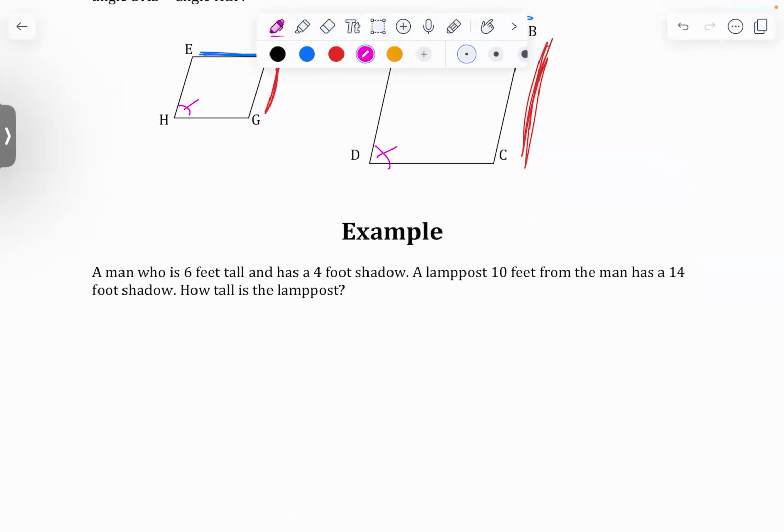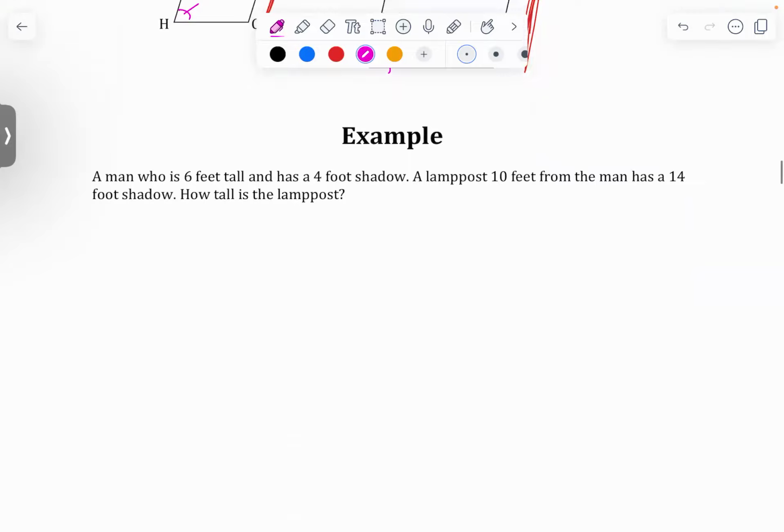To that end, a man who is 6 feet tall has a 4 foot shadow. A lamppost 10 feet from the man has a 14-foot shadow. How tall is the lamppost? Notice it didn't say similar figures, but it's setting up two shapes that are the same shape, and you should then identify they are similar figures. So let's start with the man. He's 6 feet tall, and he's got a 4 foot shadow.